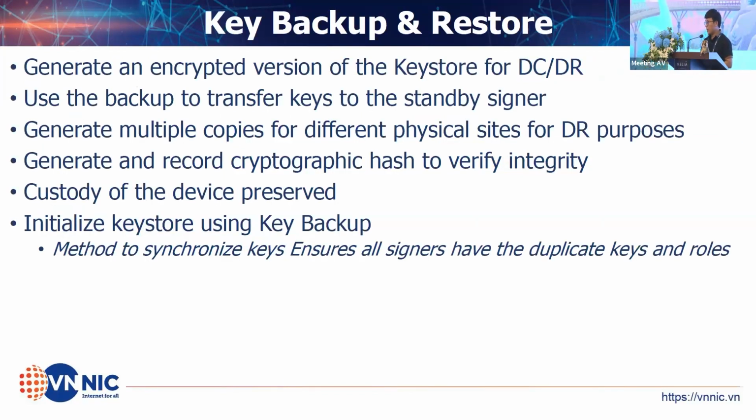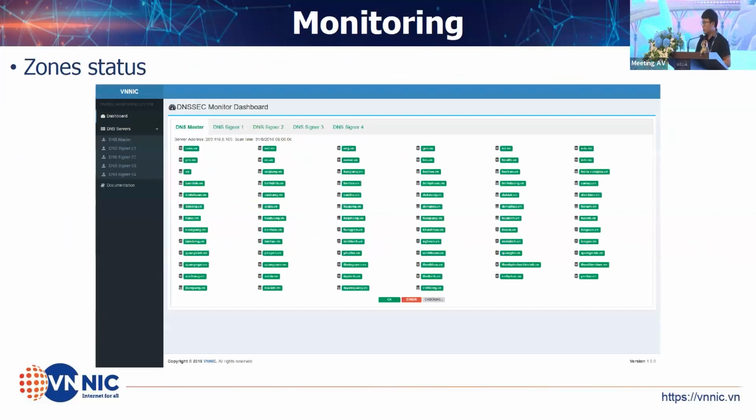For key backup and restore, we use the SSM role for the backup and restore. As I told you, we use at least 5 of 7 smart cards, for at least 5 roles, and we back up from the primary SSM to the secondary SSM. We have a monitoring system to monitor the zone status and the DNSSEC process.